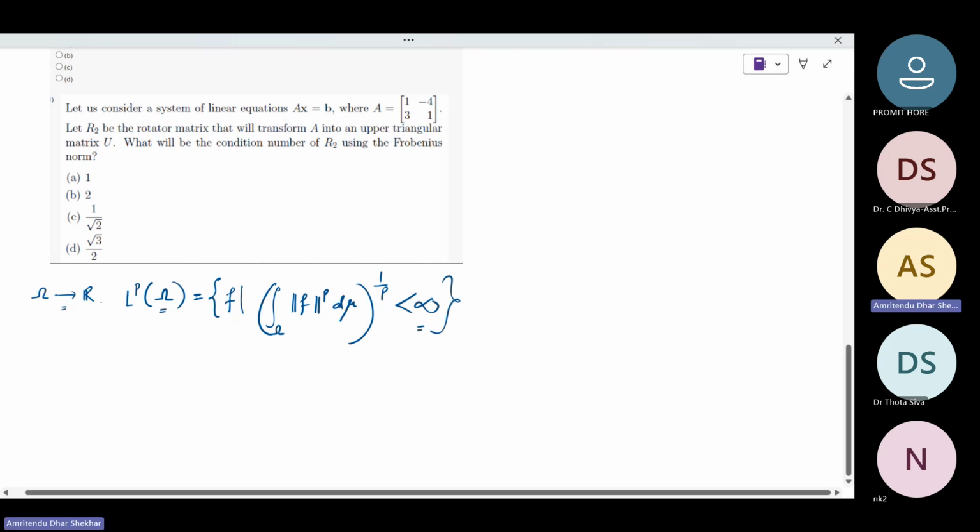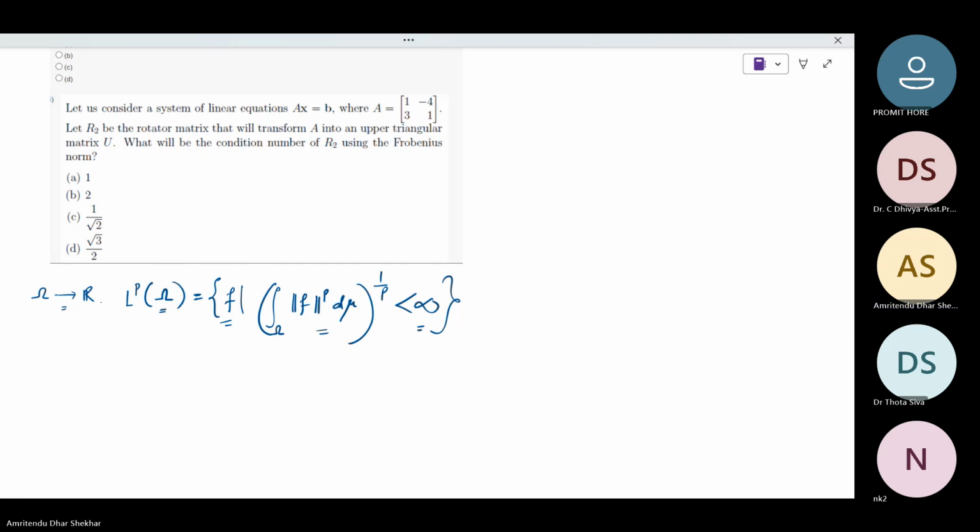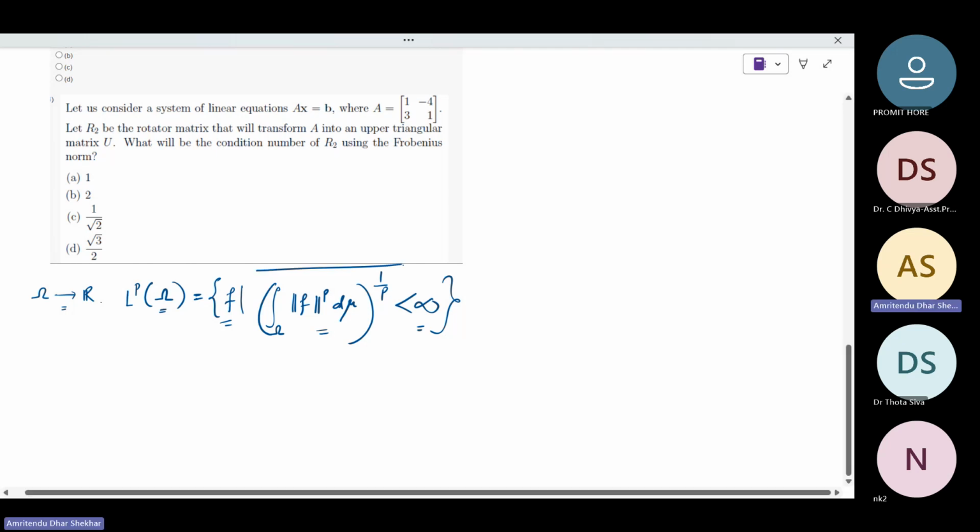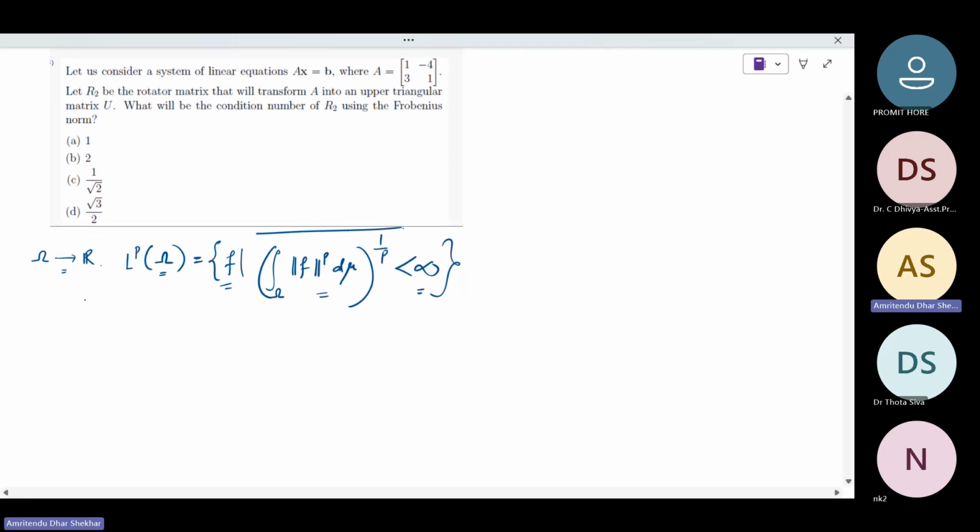We call the set of all these functions LP. But to be honest, LP is actually the closure of all these. So in general, if you have p less than or equal to q, then LQ is contained in LP.